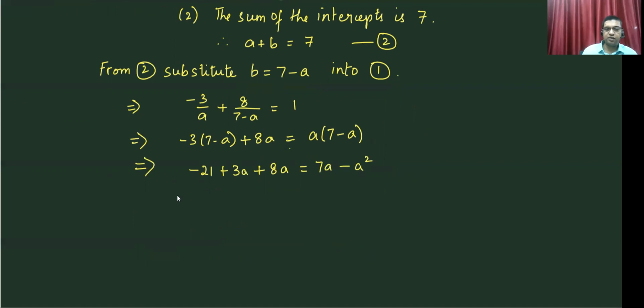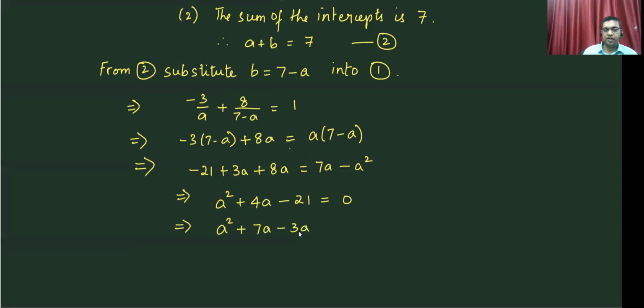Bring this to the side to get a² + 8 + 3 = 11, minus 7, so + 4a - 21 = 0. So you have to factorize this now. 7 into 3 is 21.